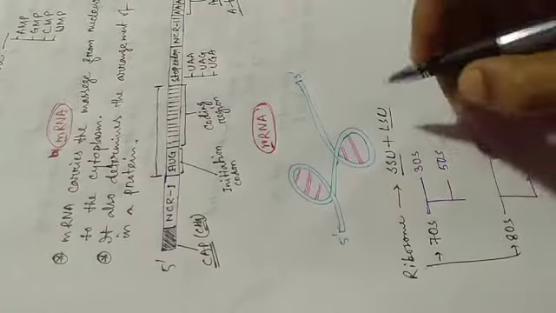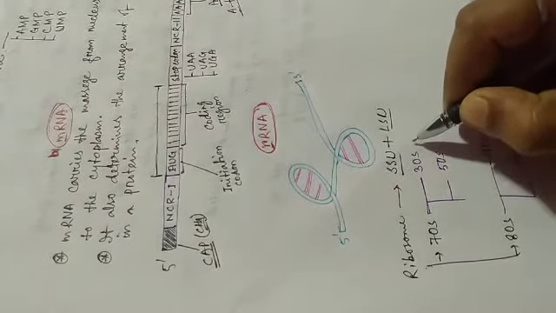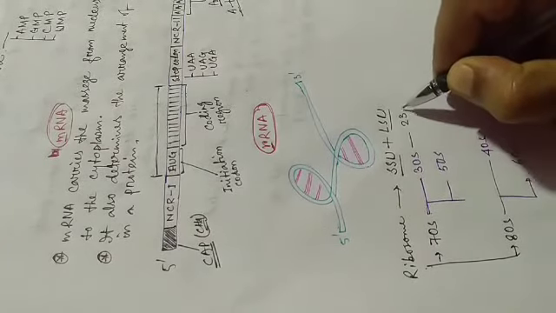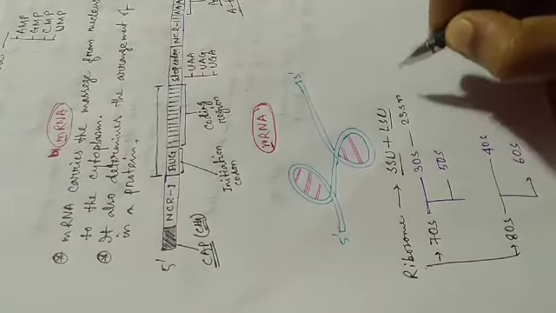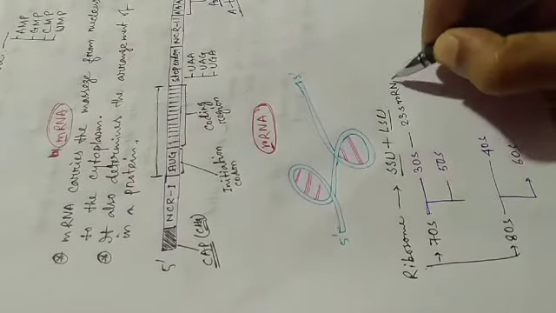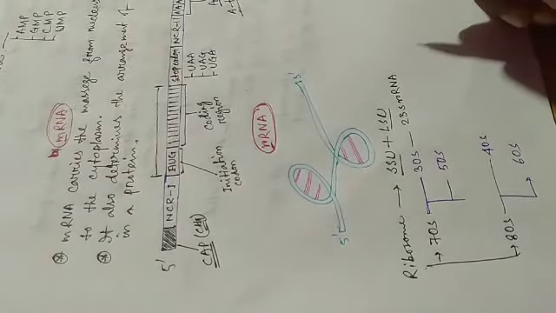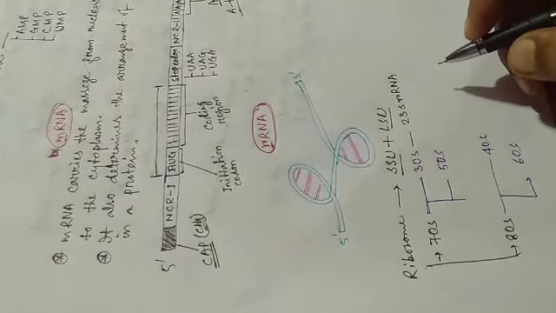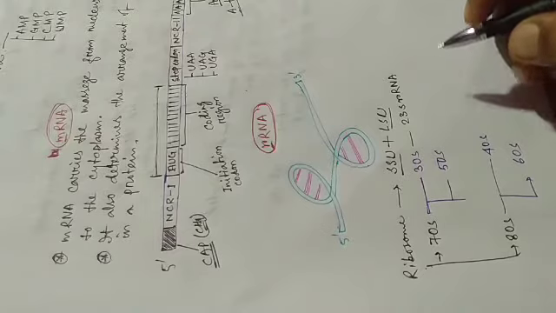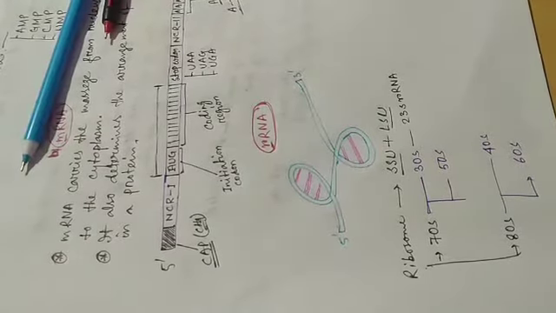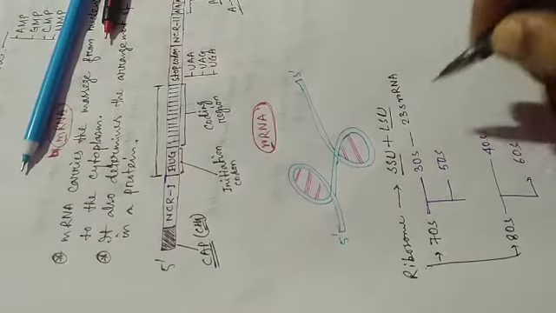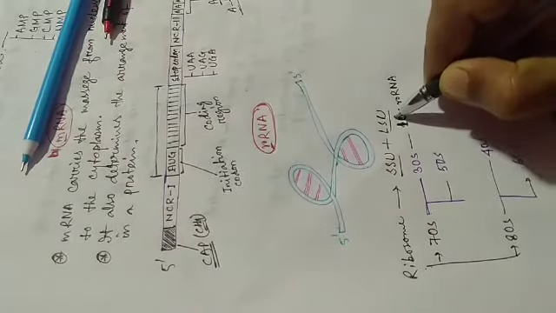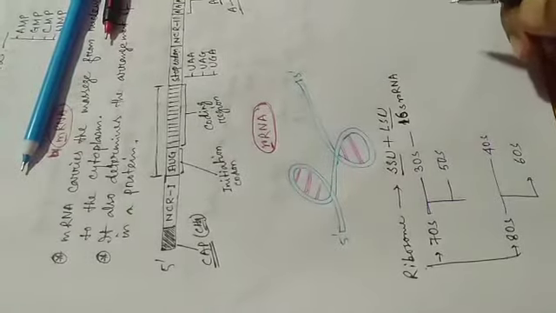Then the 30S subunit of 70S ribosome is composed of... sorry. The 30S subunit is composed of 16S rRNA.